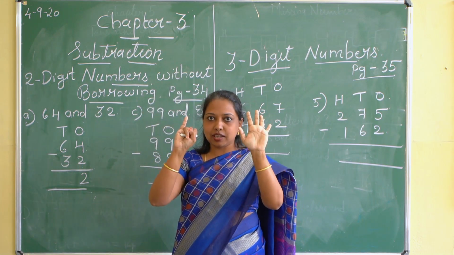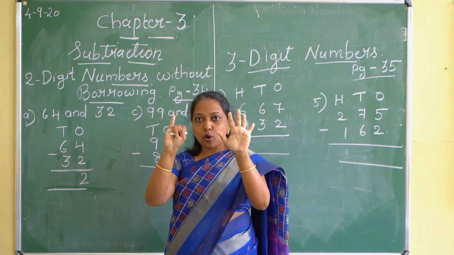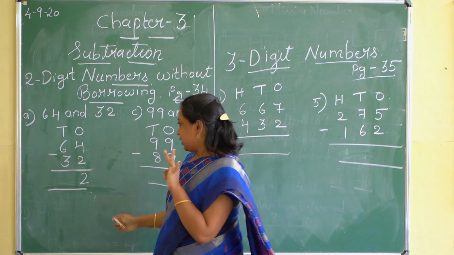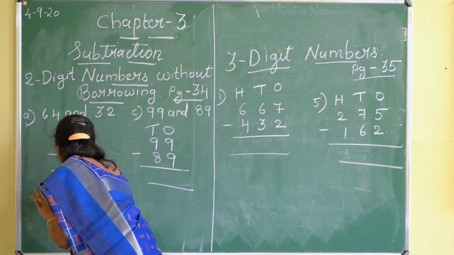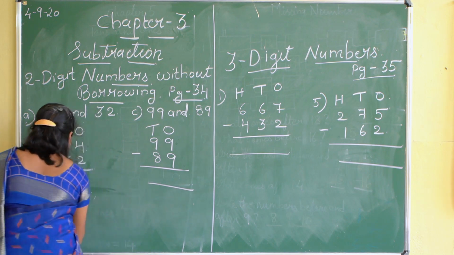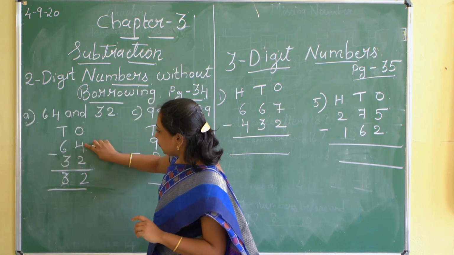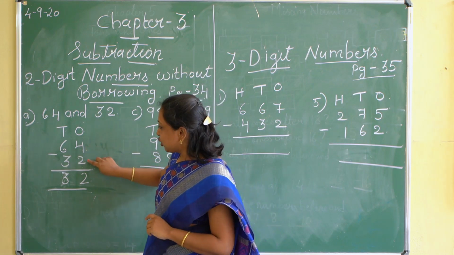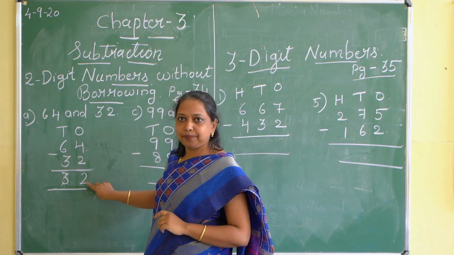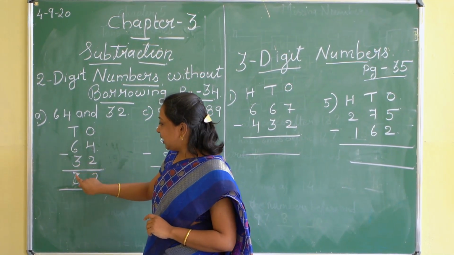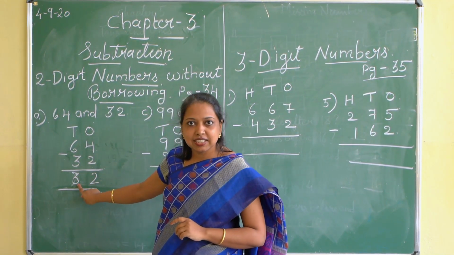Take 6 fingers and fold 3 fingers. You got 3. So you can write 3 in the 10's place. So from 4, take away 2, leaves 2. And from 6, take away 3, leaves 3. You got the answer 32.